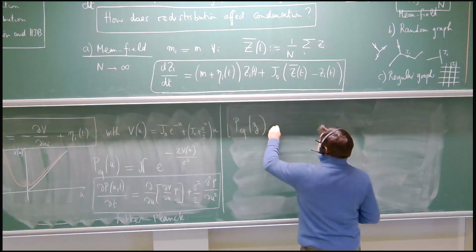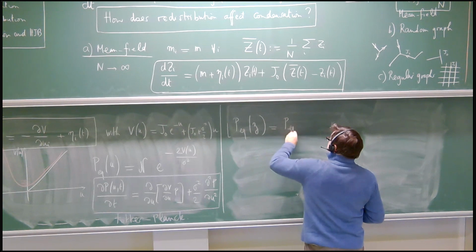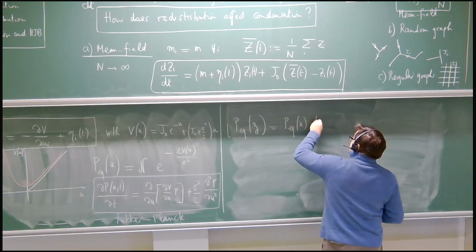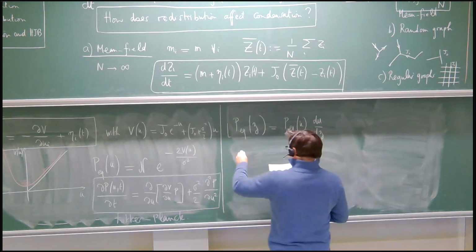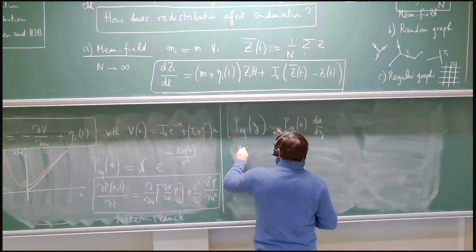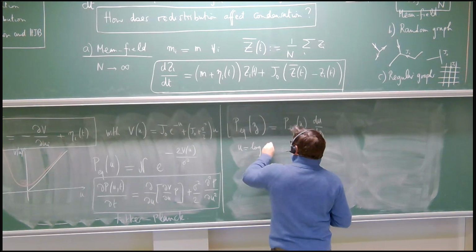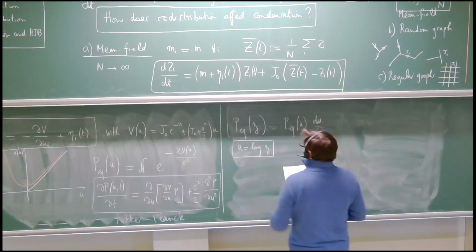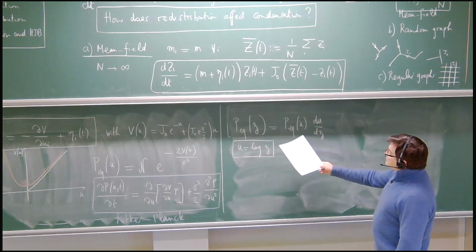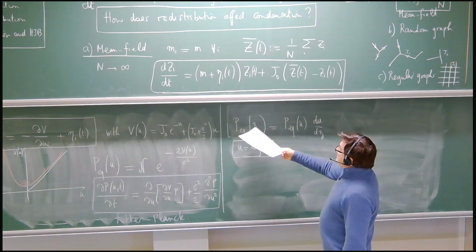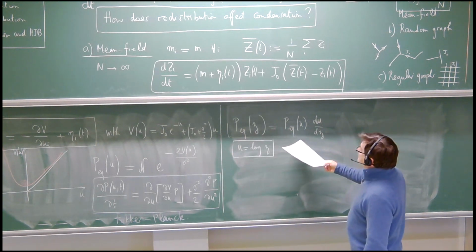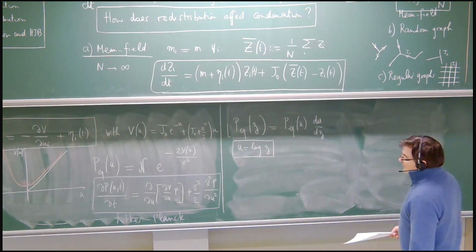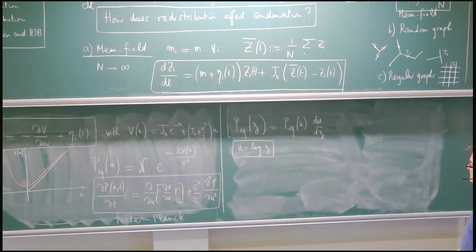This is just given by P equilibrium of u times du/dz, with u = log z. If you remember, what I'm calling P(z) means the distribution of z, and it's not the same function as P(u), although, as I said last time, this is a somewhat abusive notation.